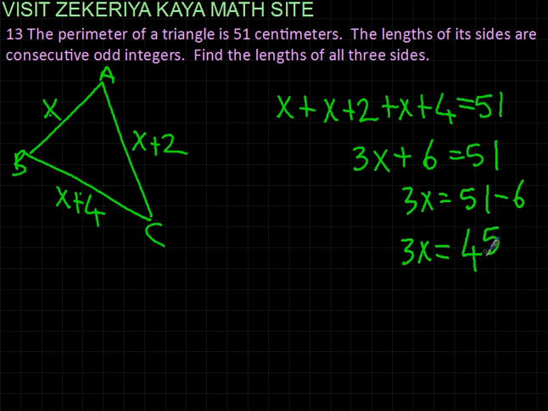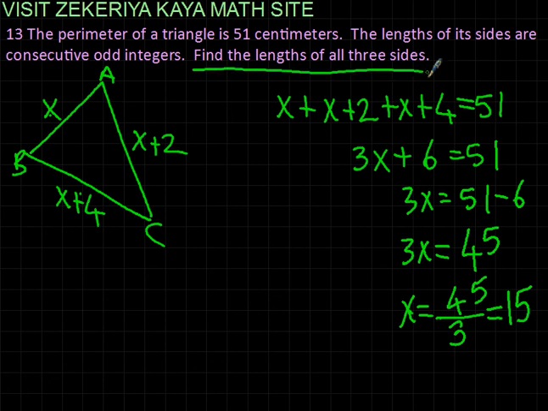Okay, 45. So 1x will be 45 over 3. 45 over 3 is 15. Okay, so x is 15. What do they want from us? Find the length of all three sides.